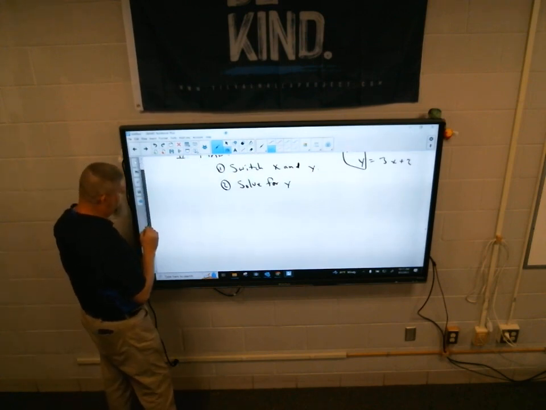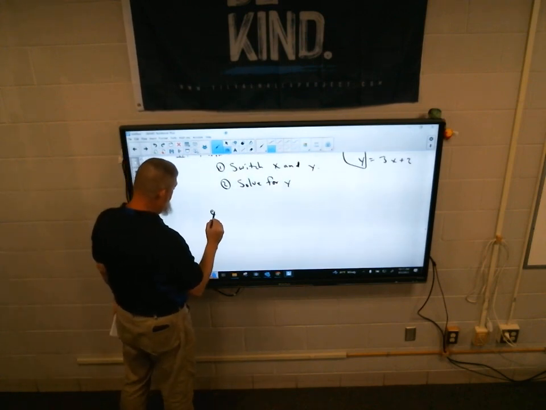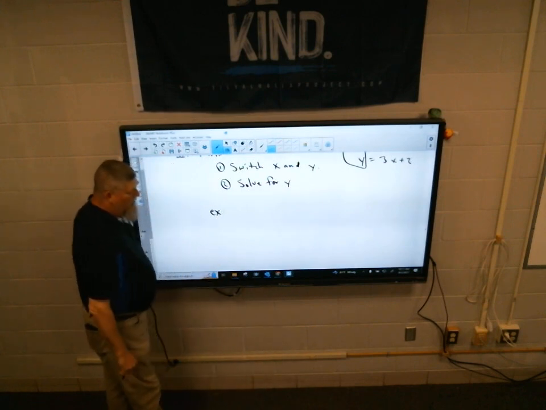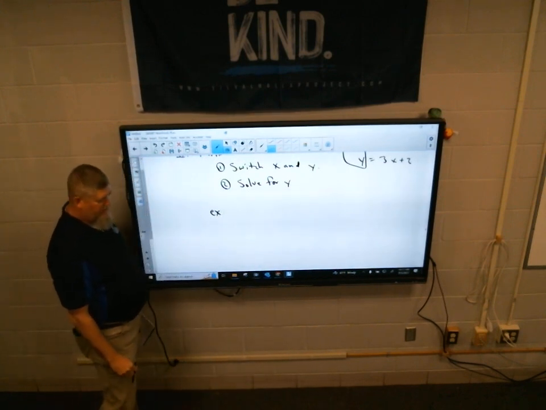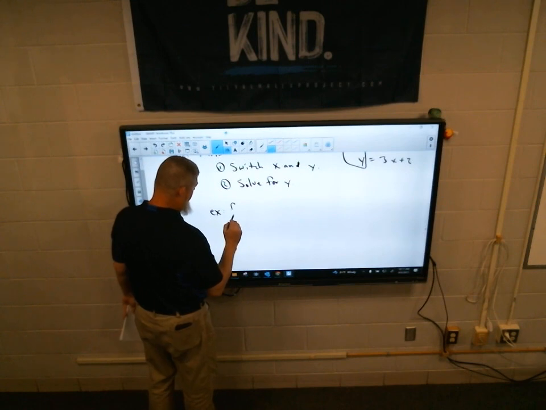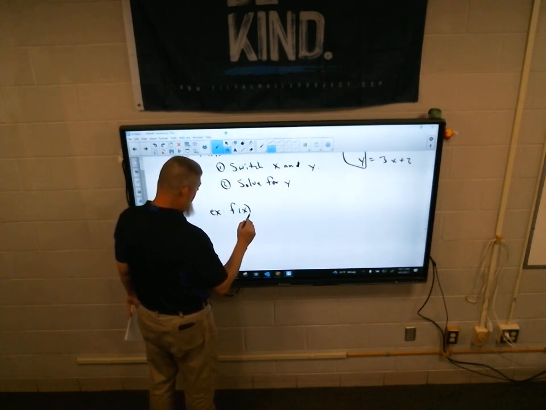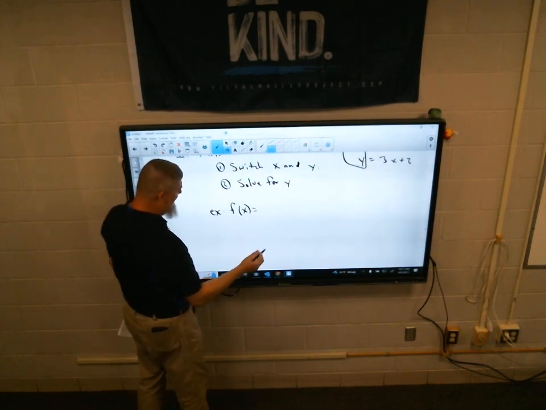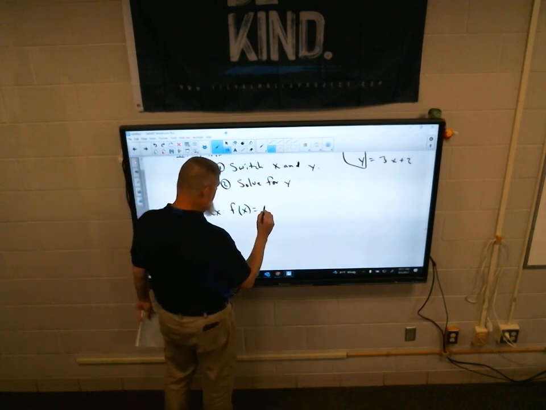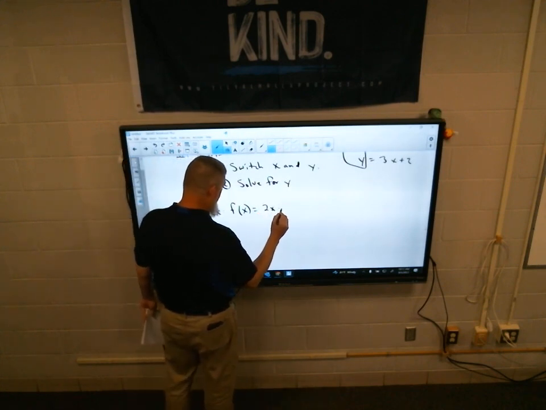Let's give an example. Let's do a kind of easy one, some sort of linear function. Let's try f of x equals something simple like 2x minus 1.